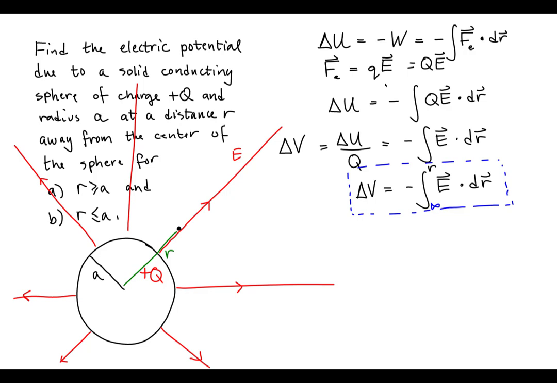In evaluating the potential at a point r, we're going to evaluate the potential difference between that point r and the potential at a point infinitely far away from the center of our sphere. And that's going to be equal to minus the line integral from infinity to r of the electric field.